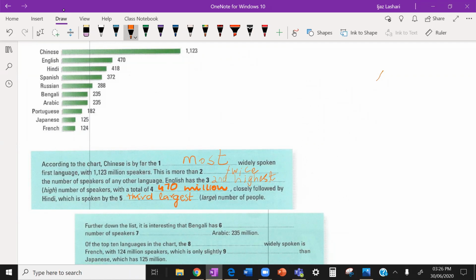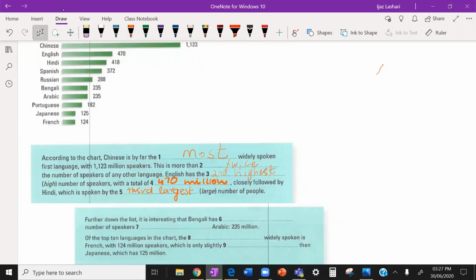Further down the list, it is interesting that Bengali has dash number of speakers, 235 million. But instead of saying 235, can you use some comparatives? Can you compare Bengali with another language, with Arabic?